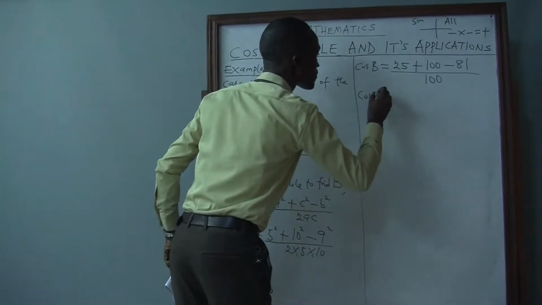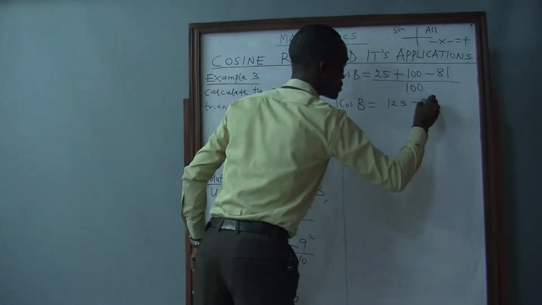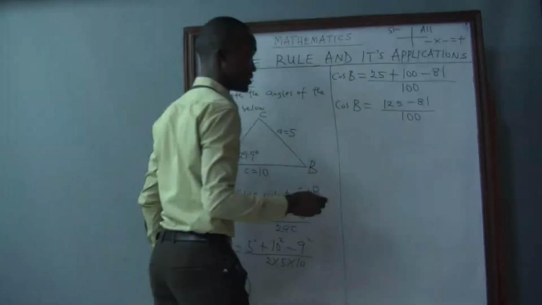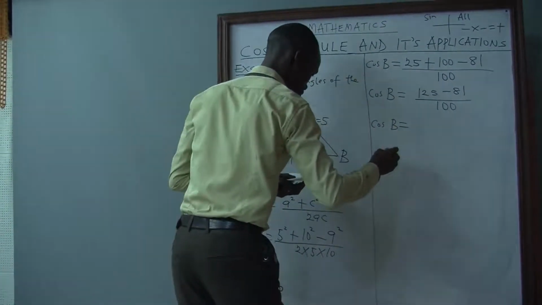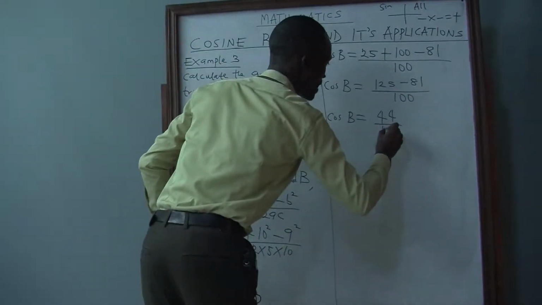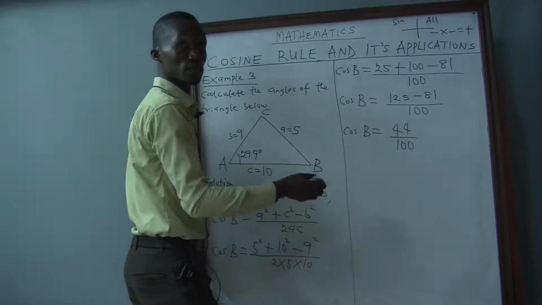So from there we have cos B to be 125 minus 81 divided by 100. Then cos B is equal to 44 divided by 100. If you remove 81 from 125, we have 44.